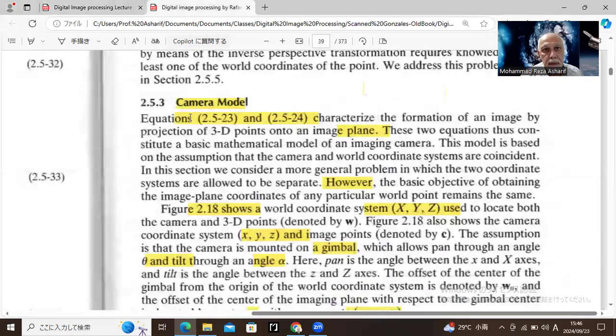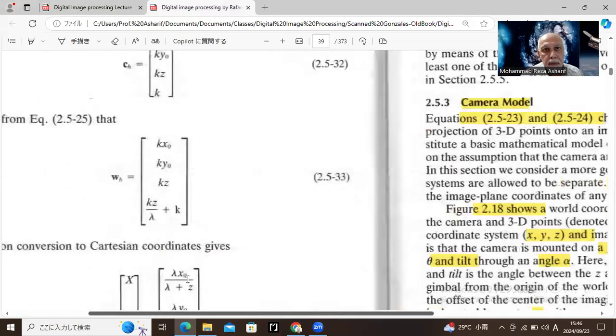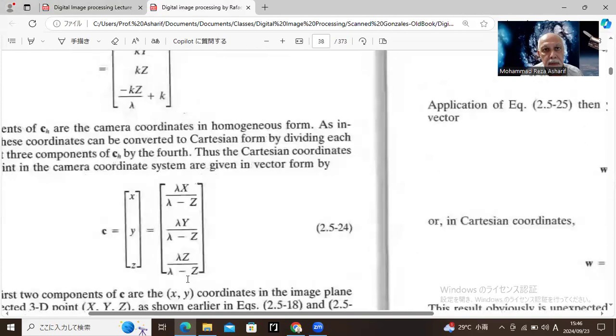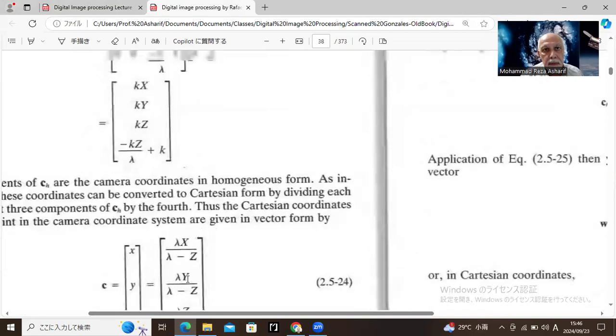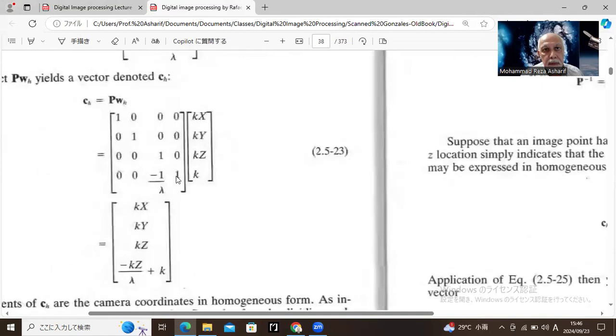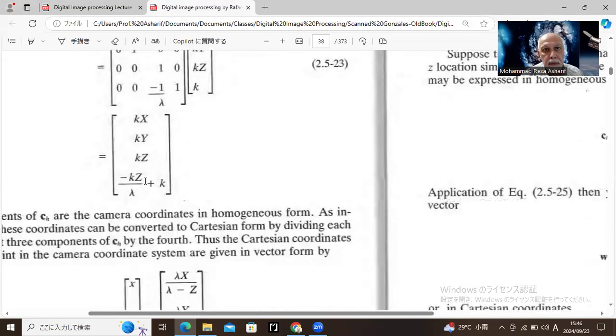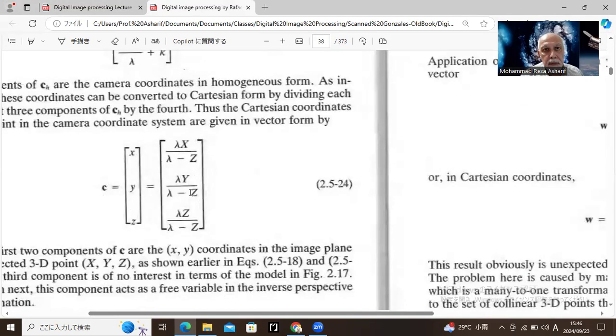And here, the camera model, equations 23 and 24. Let me bring these two equations that I previously told you about, the homogeneous and perspective coordinates and perspective transformation. 23 and 24 is this, and back to the Cartesian coordinates and so on.